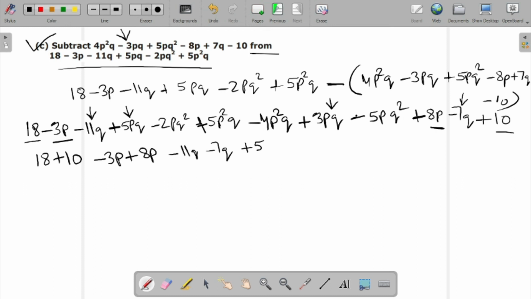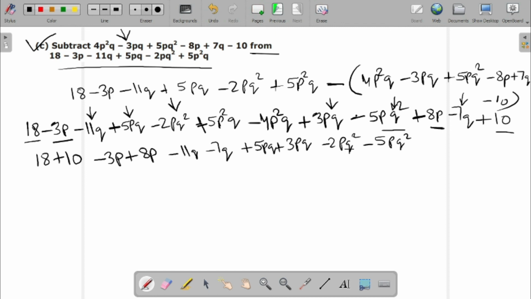So 5pq plus 3pq. Then minus 2pq square, pq square, this is pq square. So minus 2pq square minus 5pq square.